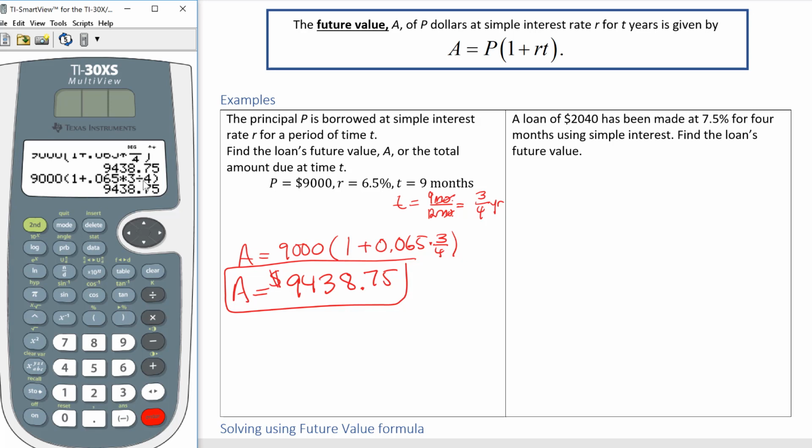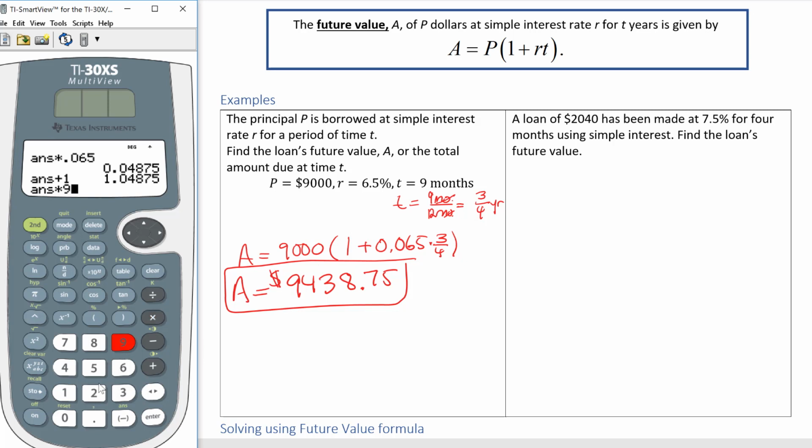Now, if you have a 4-function calculator, you'll probably want to start at 3/4 first, so divide 3 by 4, and then hit enter. Then you'll have to multiply by 0.065 and then hit enter. So we're basically doing it manually, as if you were going to do PEMDAS by yourself. Then we're going to add 1, enter, and now that's all of the inside.